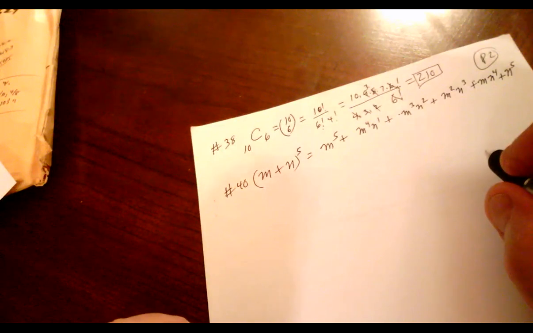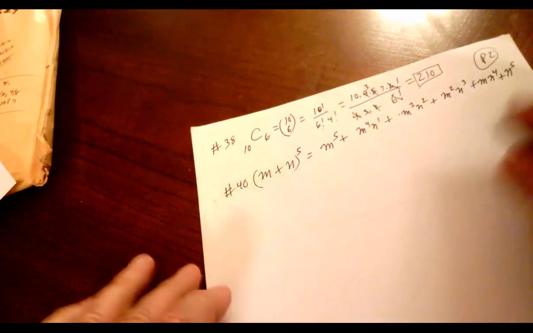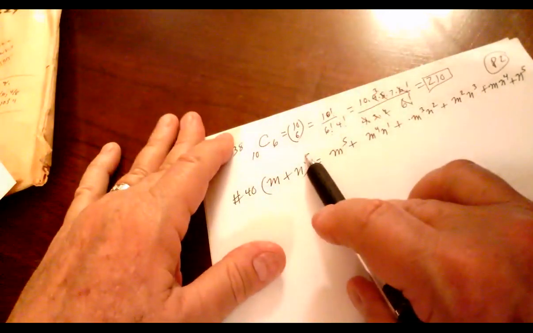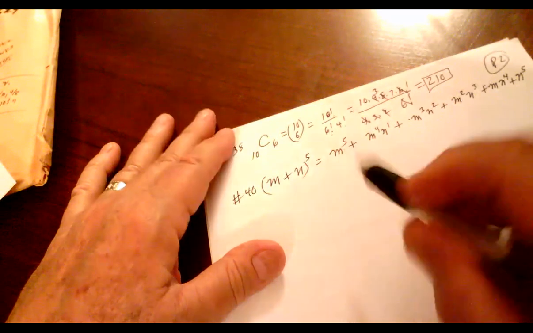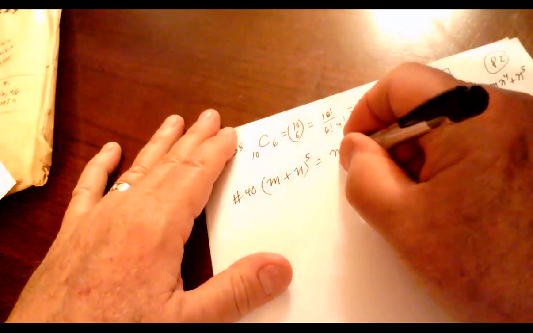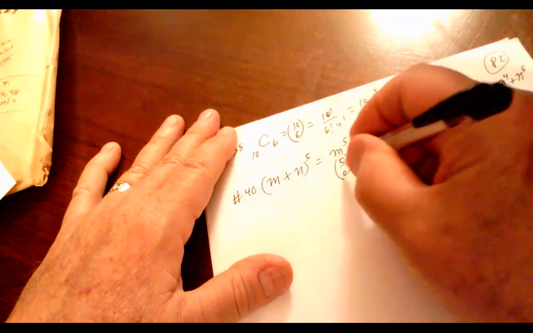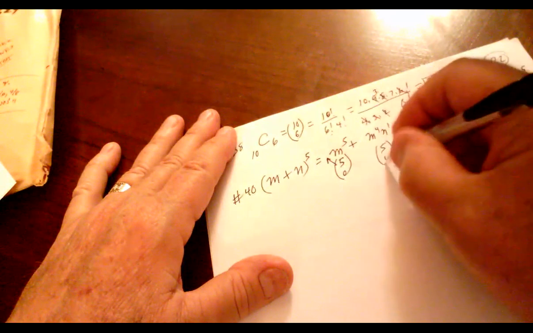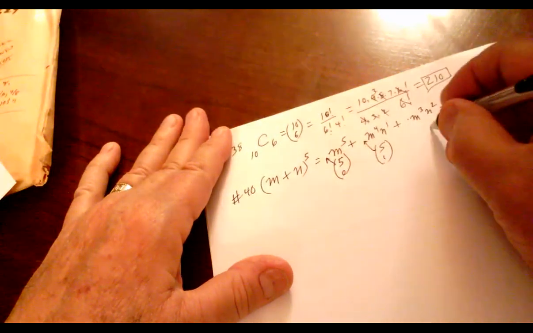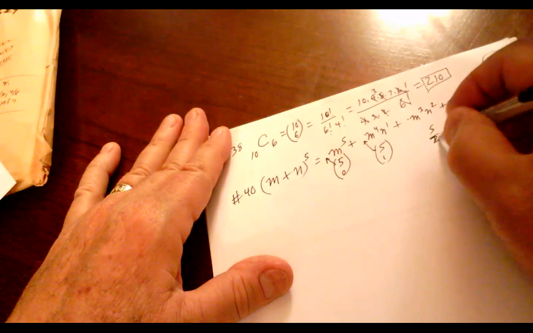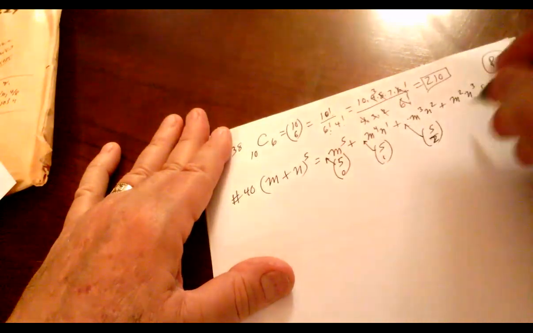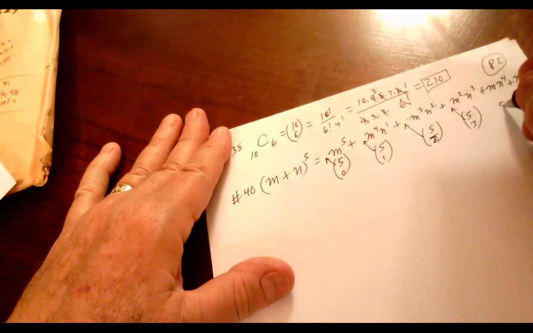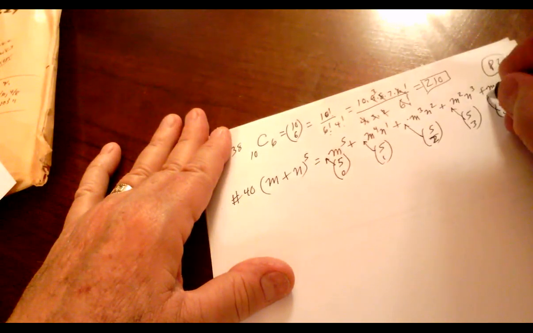What we do is we use the combination notation to fill in the coefficients. And we start with the combination 5, combination 0. So under here, I'm just going to put it under so you can see the pattern. 5 combination 0 will go out there. 5 combination 1 will go out there. 5 combination 2 will go out there. 5 combination 3 will go out there. 5 combination 4 will go out there.